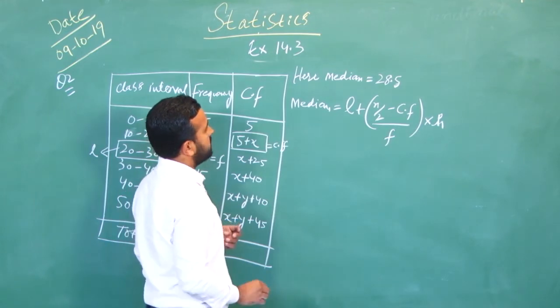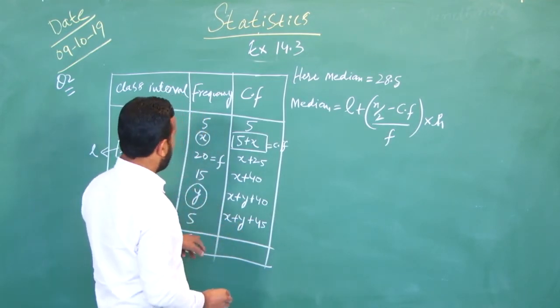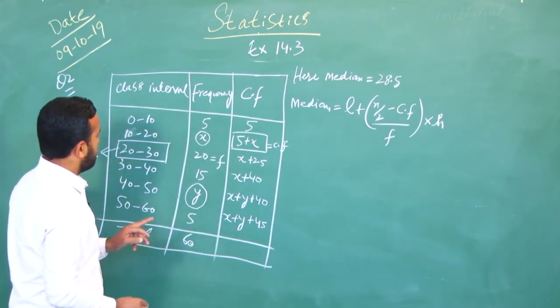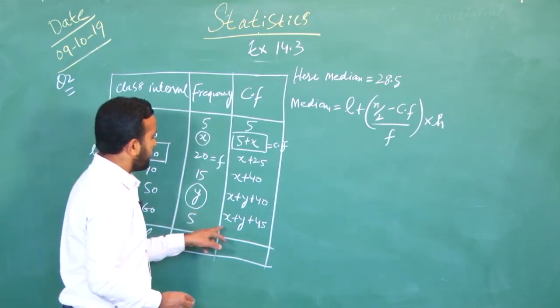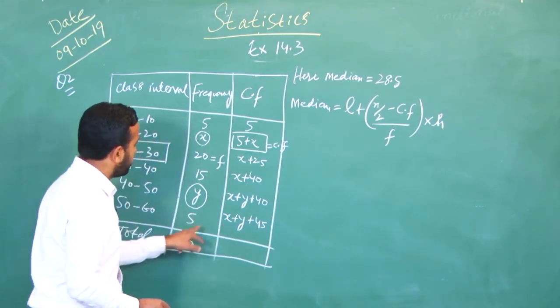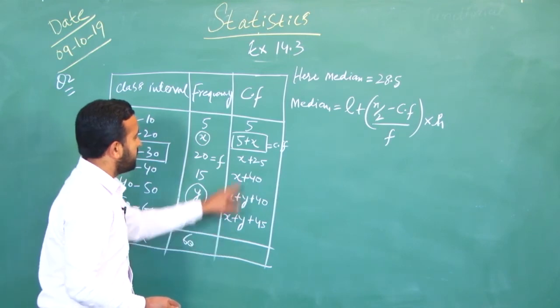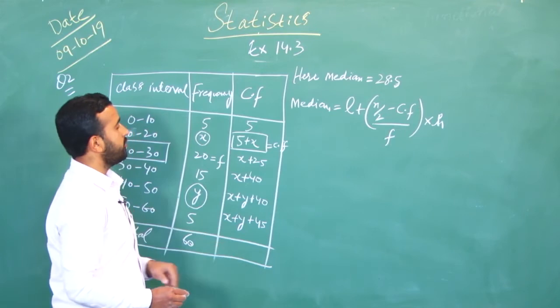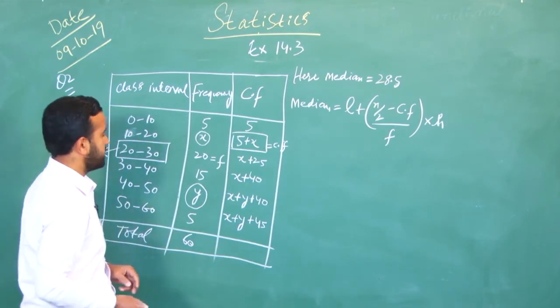Before that, as we know, we have to find the values of x and y. We can compare the total frequency. Here the total frequency is 60, and while finding the cumulative frequency, x plus y plus 45 also gives us the total frequency.